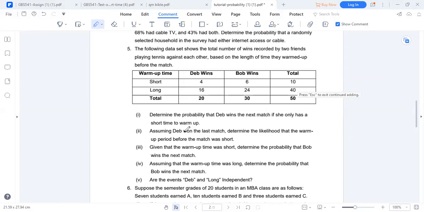Now part A says, determine the probability that Deb wins the next match if she has a short warm-up. So we have warm-up time, short, long, and the total has been given. Then we have Deb, Bob, and the total is there. You've seen the information that is there. I want us to apply the information I've been talking about.